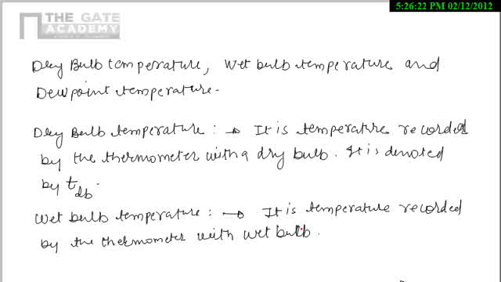For making a wet bulb, the bulb is enveloped by a cotton wick saturated with water. So in a thermometer there is a bulb, and on this bulb they put cotton which is saturated with water, and the temperature recorded by this thermometer is called wet bulb temperature.